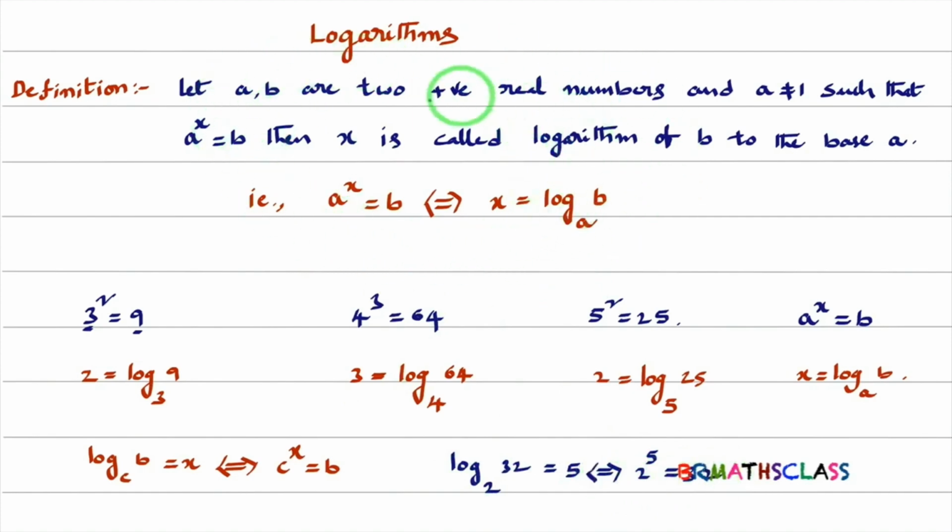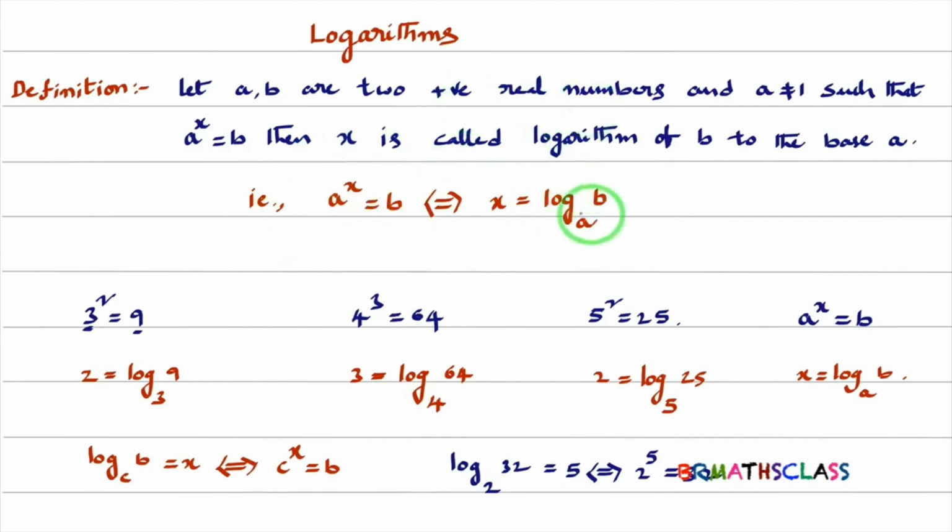This is the definition of logarithm. What is the definition of logarithm? a and b are two positive real numbers and a not equal to 1, such that a power x equal to b. Then x is called the logarithm of b to the base a. Whatever the meaning is, that full meaning is given in this one line. Here an important point: a and b are positive real numbers and a not equal to 1.